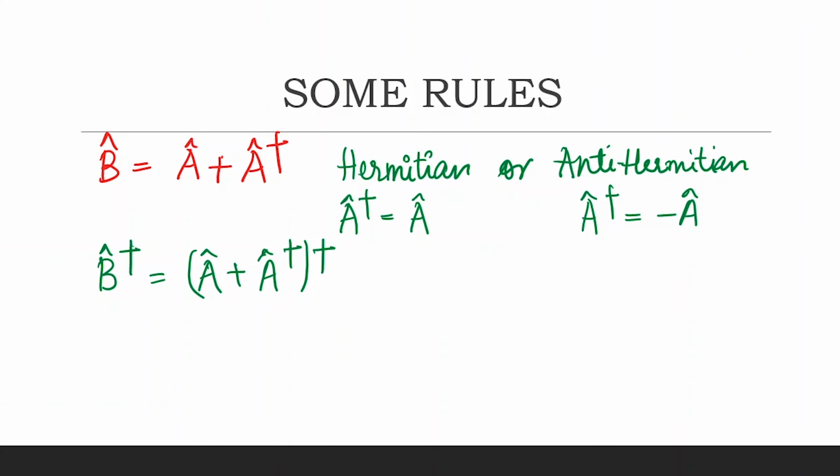We have seen in the rules, if we have a sum of operators, then we just take out these operators individually and take the adjoint.